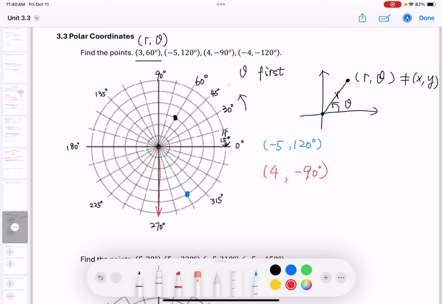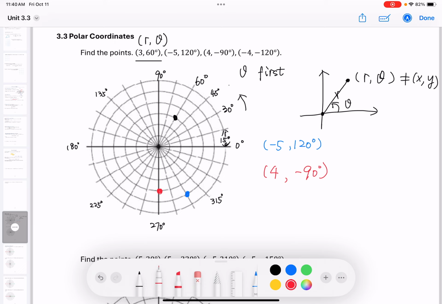And then the radius r is 4, which means I'm going down 1, 2, 3, 4 units. So my red point is here. I can erase the helping information. Since r is positive, I don't have to go backward in the opposite direction.